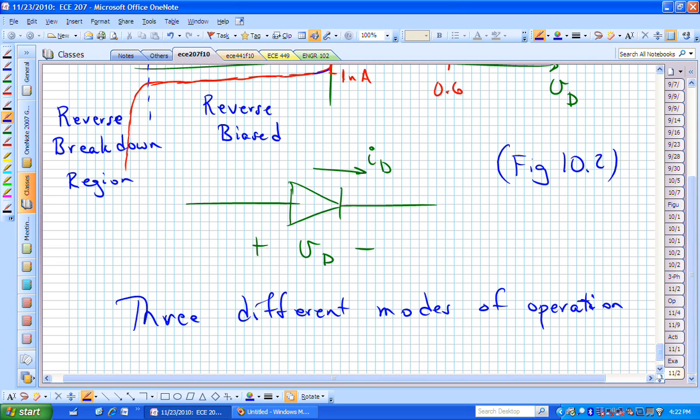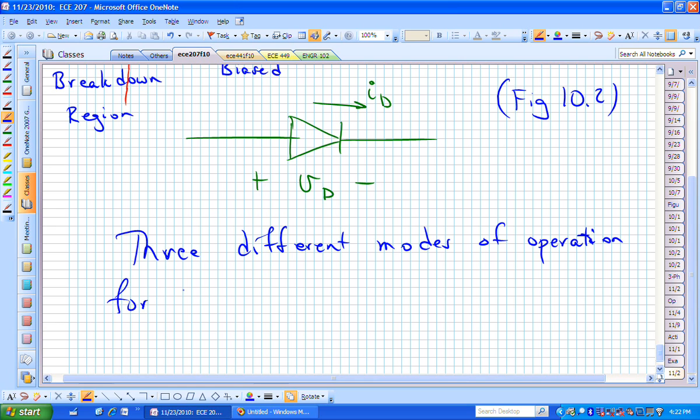So we have the 3 different modes of operation for this diode. Again, that's depicted maybe better than what I've sketched in figure 10.2.